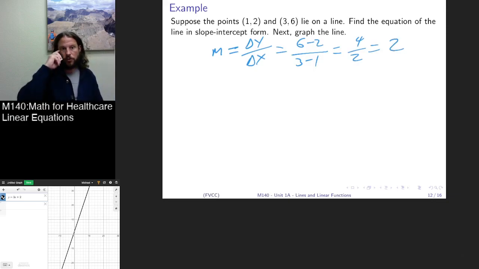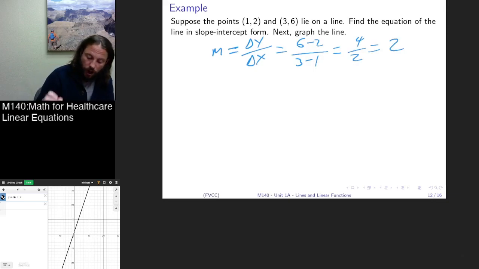Now we have the slope of 2. Here is where I would use the point-slope form, because I have the slope and I have 2 points. That's going to be y minus my y1, let's say 2, equals my slope, which is 2, times x minus x1, which is 1. All right, and now we got to combine some terms.